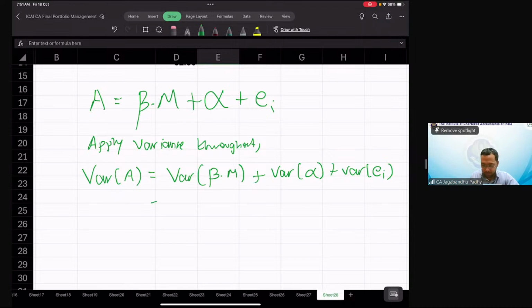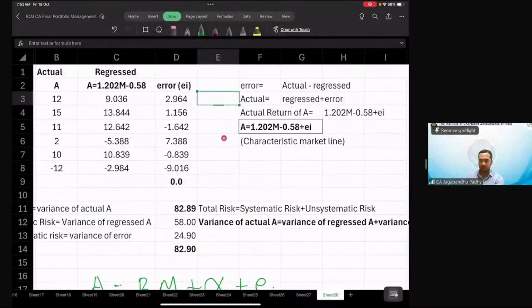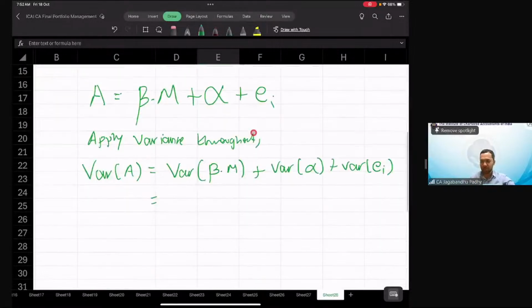Now it further expands and says, this beta value, is it a single constant number or is beta changing throughout the question? In this question, it's a constant number, right? It's a constant 1.202. Whenever you have a constant inside a variance, you take it outside the bracket. But since this is a variance, I cannot take beta outside directly because it will actually be beta squared.